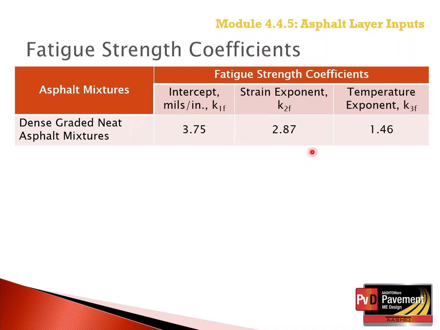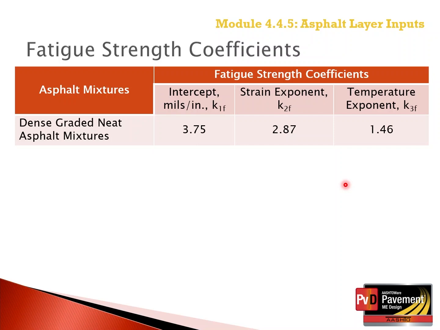As noted at the beginning of this section, a standard practice was prepared for AASHTO deriving the coefficients from the fatigue strength AASHTO T321 for the bottom-up fatigue cracking transfer function.